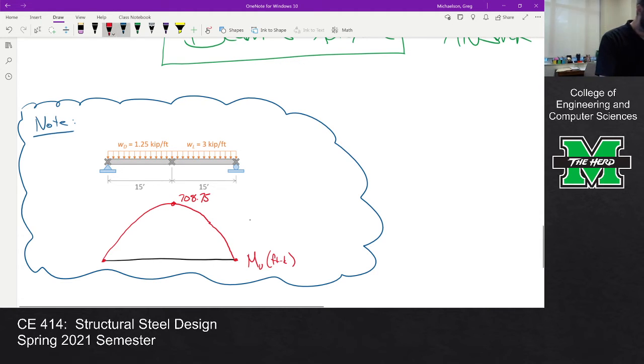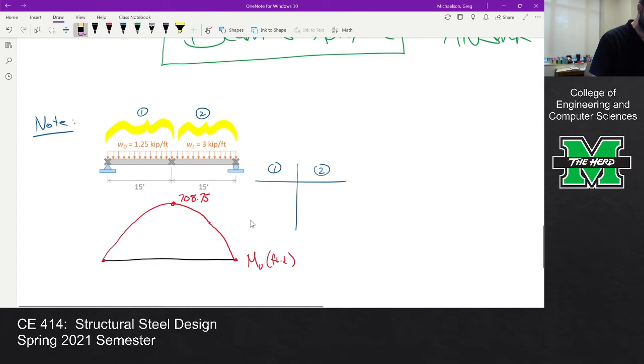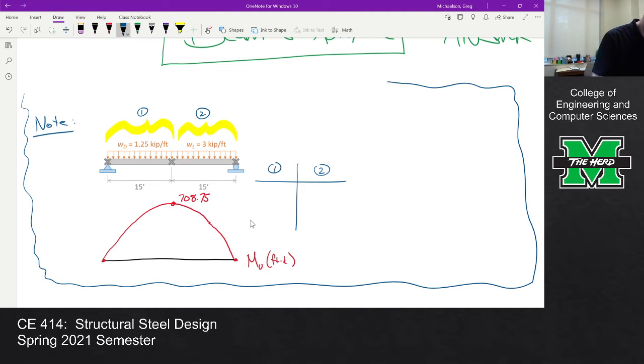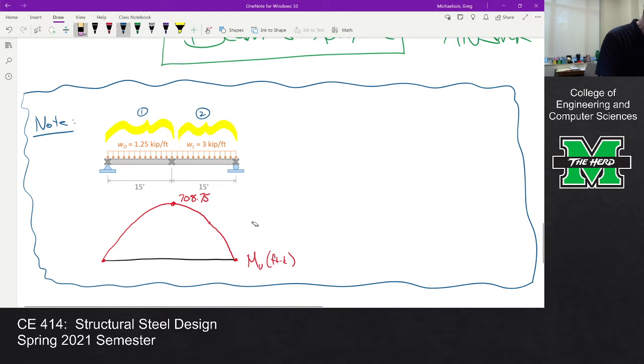So if I look at this from a segment by segment perspective, here's segment 1, here's segment 2. Take a look at each of those two segments. Let me give myself a little more room in my thought bubble here.